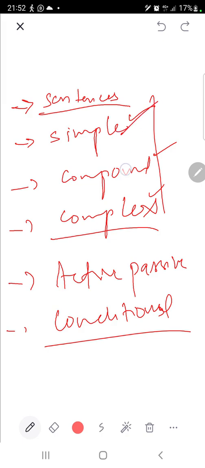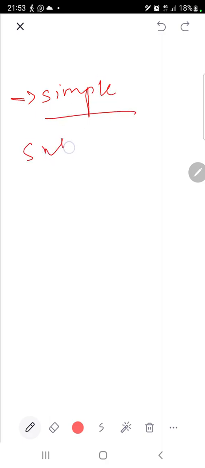But majorly, we use three sentence types. So the simple sentence has a subject, verb, and object.